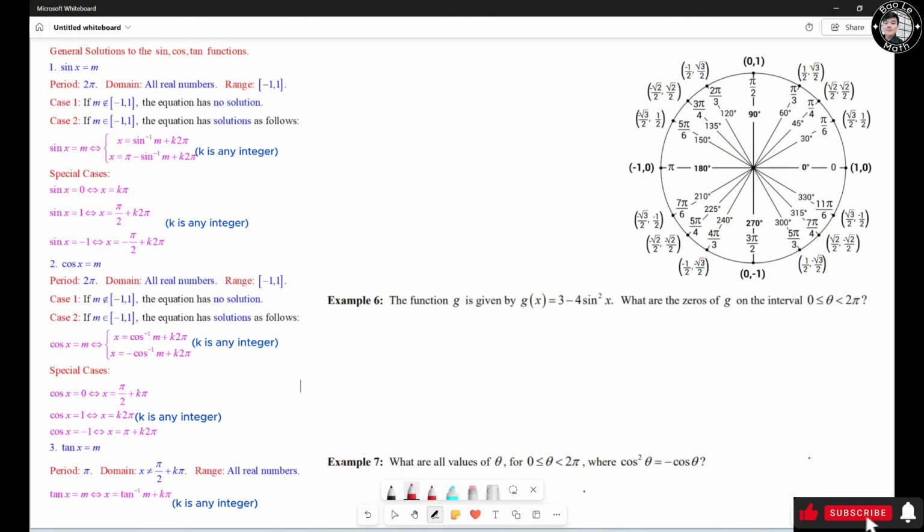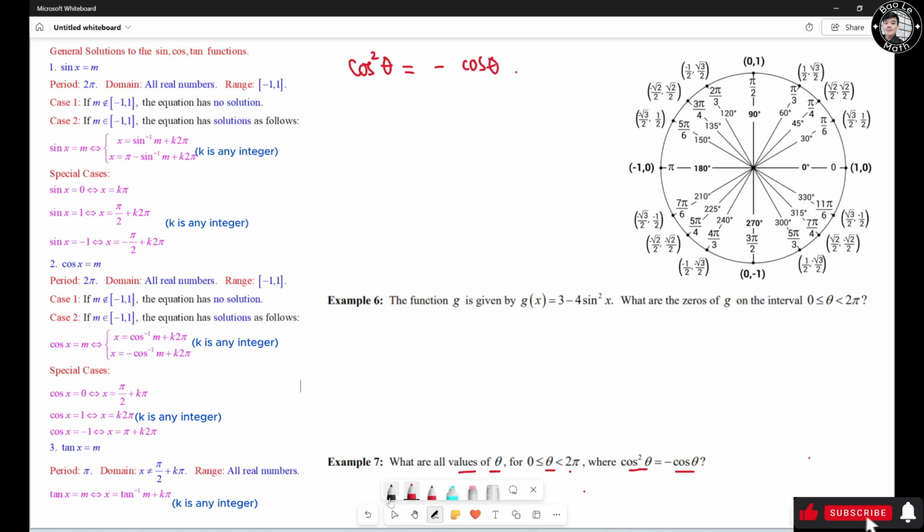Now, let's take a look at number 7. What are all values of angle theta, for theta from 0 to 2 pi, such that cosine square of theta equals negative cosine theta? So you need to copy it over here: cosine square theta equals negative cosine theta.